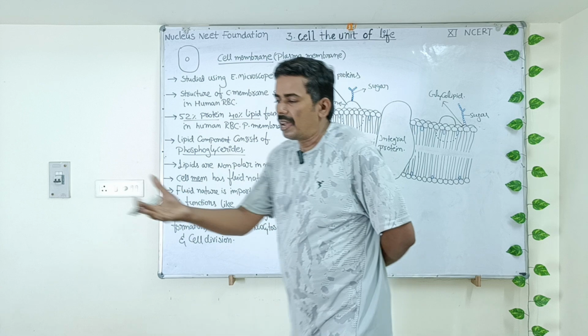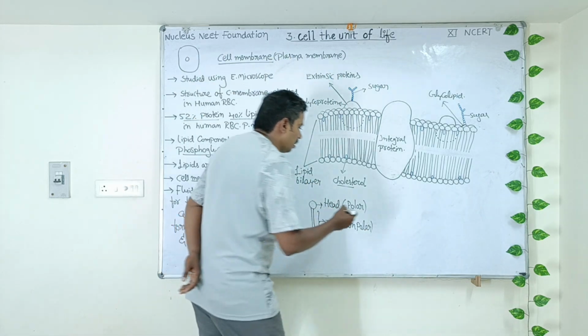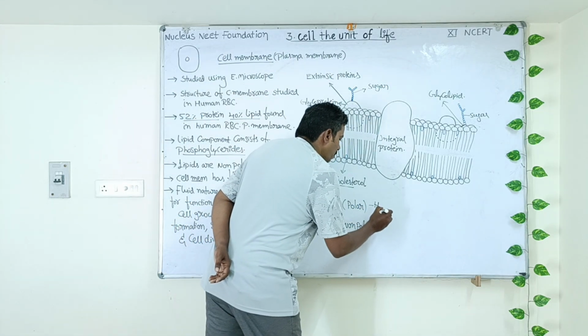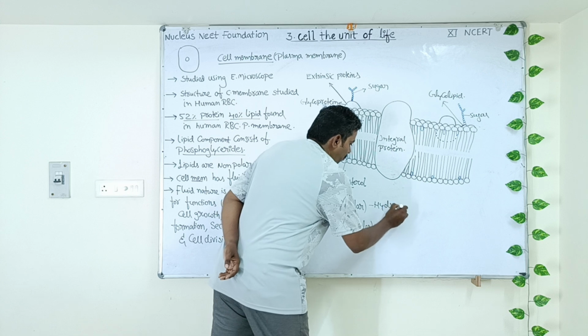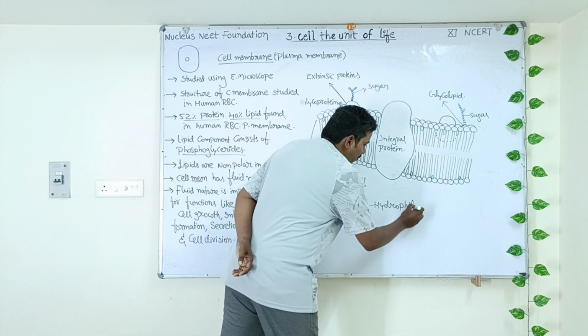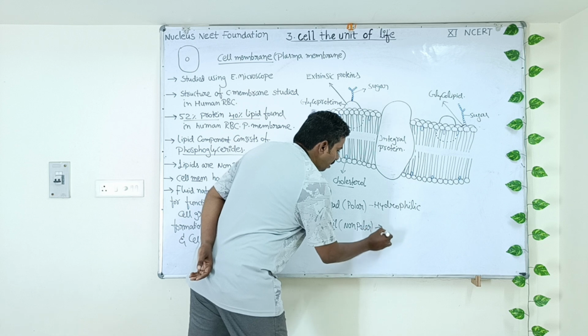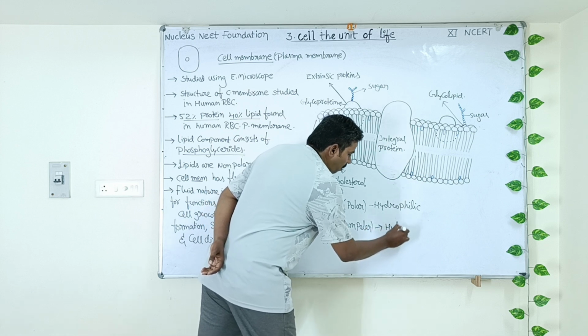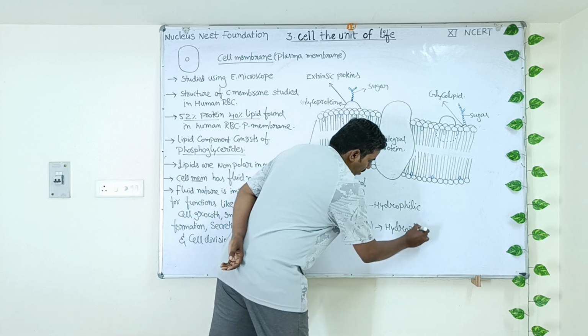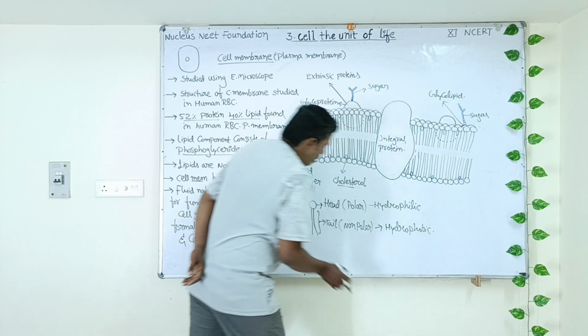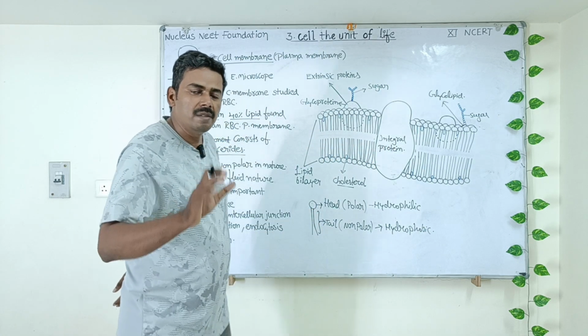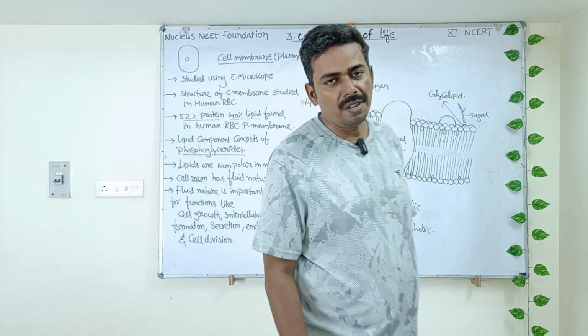They will try to attract the water molecules towards them. Philic means loving. Whereas the non-polar tail has the property of being hydrophobic, meaning it repels the water molecules. Based on this concept, questions can be asked in the NEET examination.